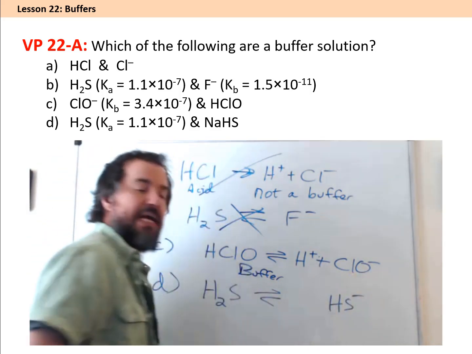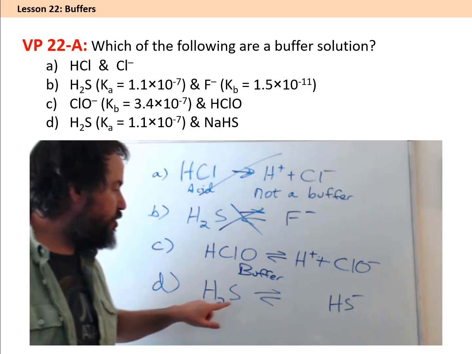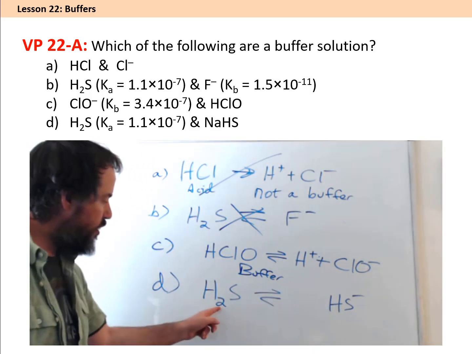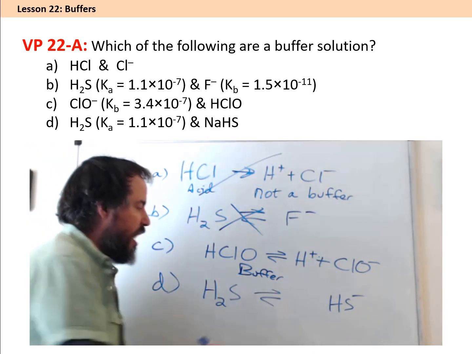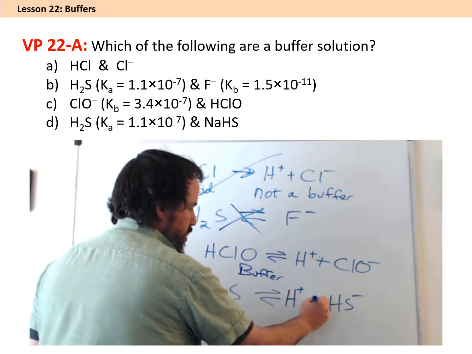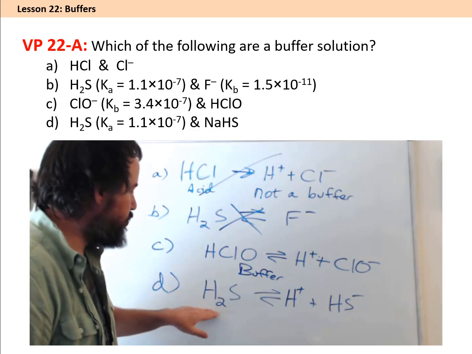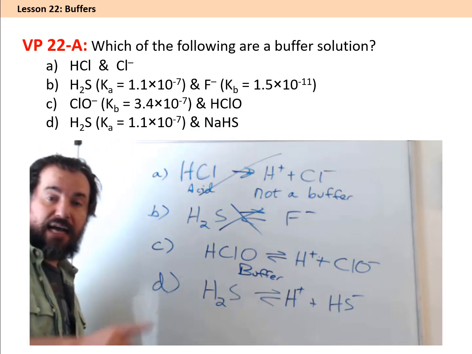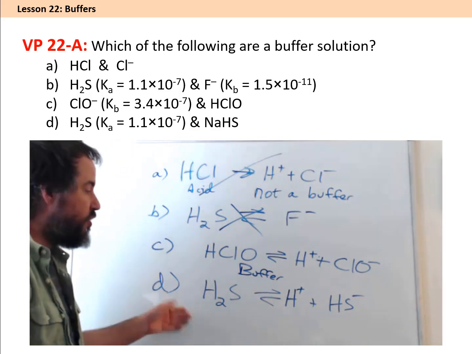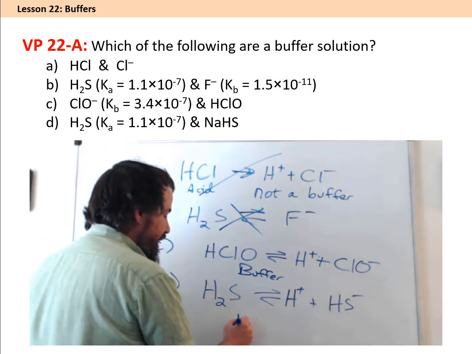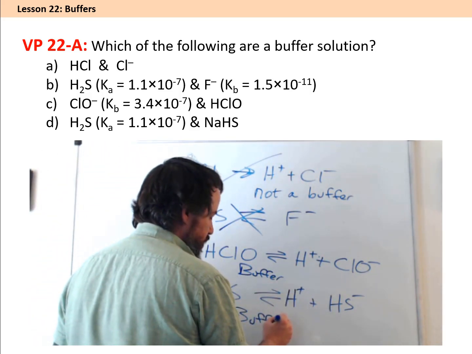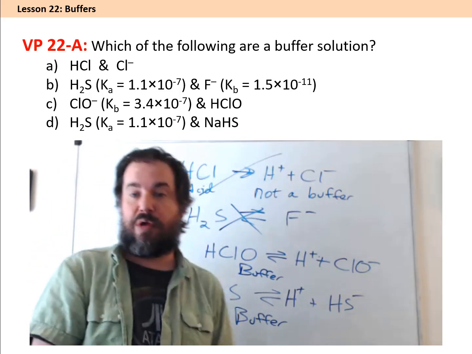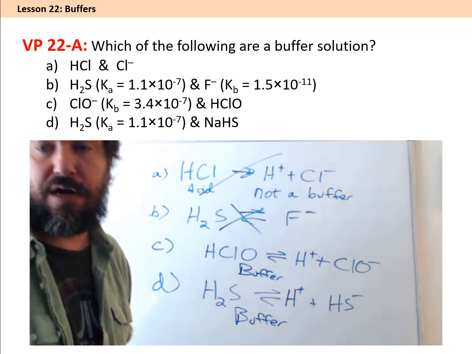So this is going to form HS minus. So are H2S and HS minus related? We'll look at the difference between them. There's a hydrogen difference, and if this were to lose an H plus, I'd get HS minus, right? And this is a weak acid, as you can tell by its Ka. So this is a weak base. So this is also a buffer. So we need a weak acid and a weak base, and they have to be a pair.